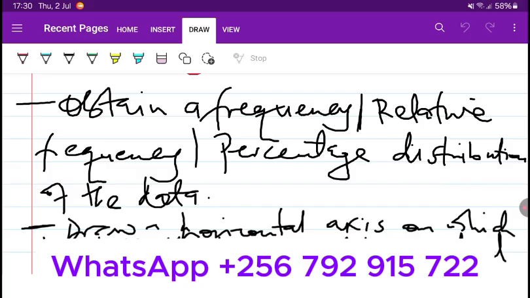They are either frequencies or relative frequencies or percentage frequencies. So it depends on what they have given to you in the question. And of course we draw these lines.